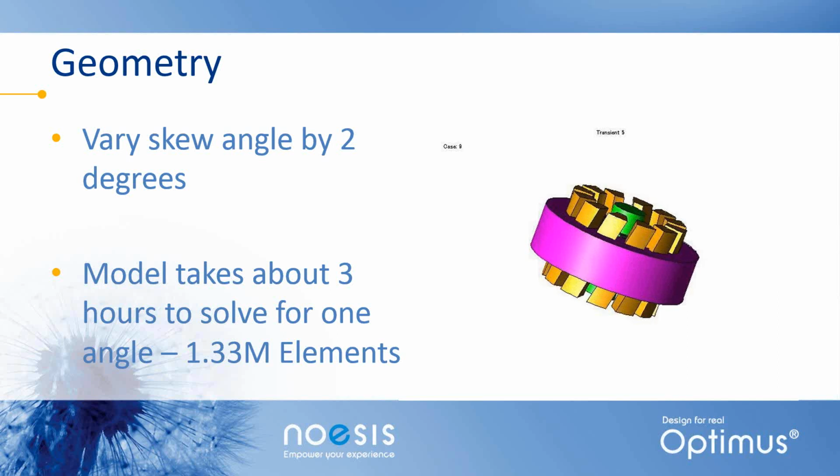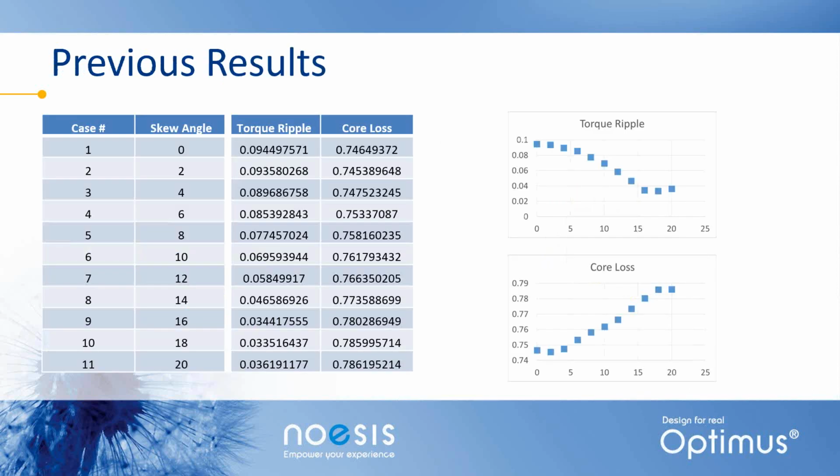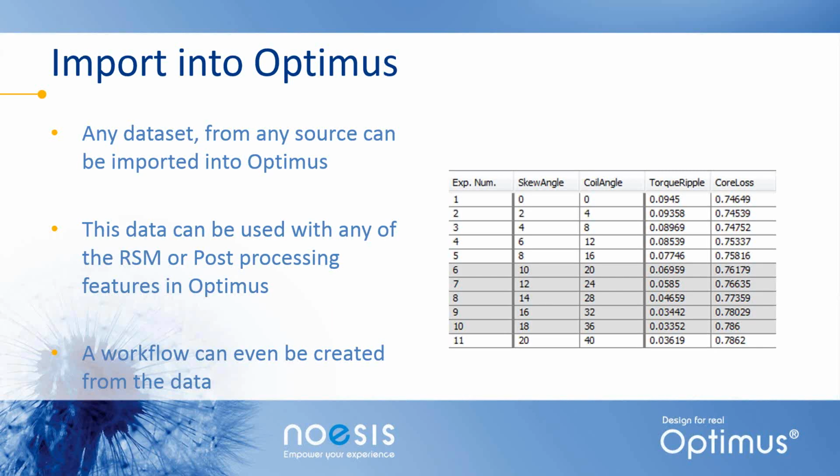We actually ran this model at 2 different locations. When each location had finished solving, we combined the data into a single table, as you can see here. That data was then imported into Optimus to highlight that you can bring in any data set.